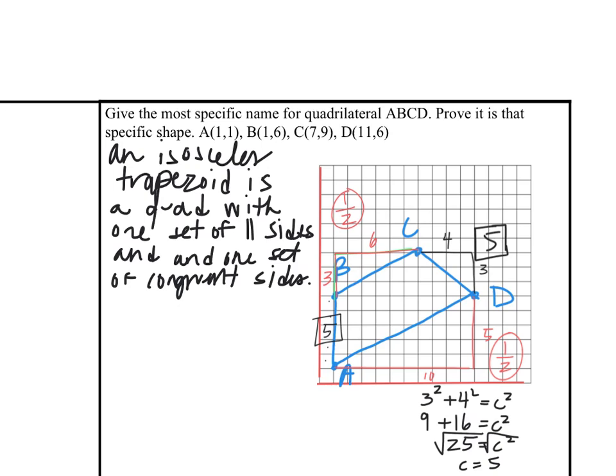Or parallel slopes are the same. Something that tells me that they should be the same. If you've done that, then you're ready to tell me what the slopes are.